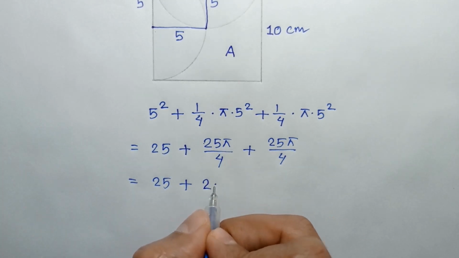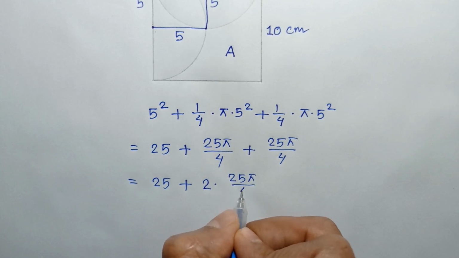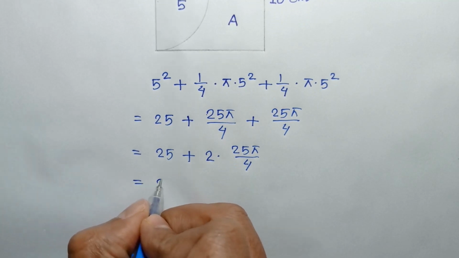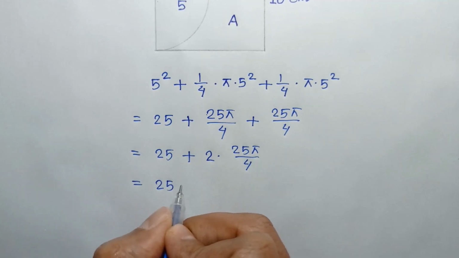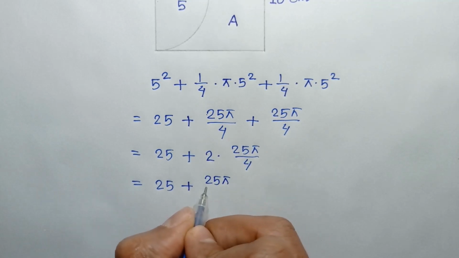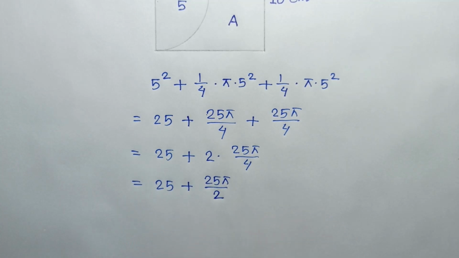So 2 times 25 pi over 4 is equal to 25 plus 25 pi over 2.